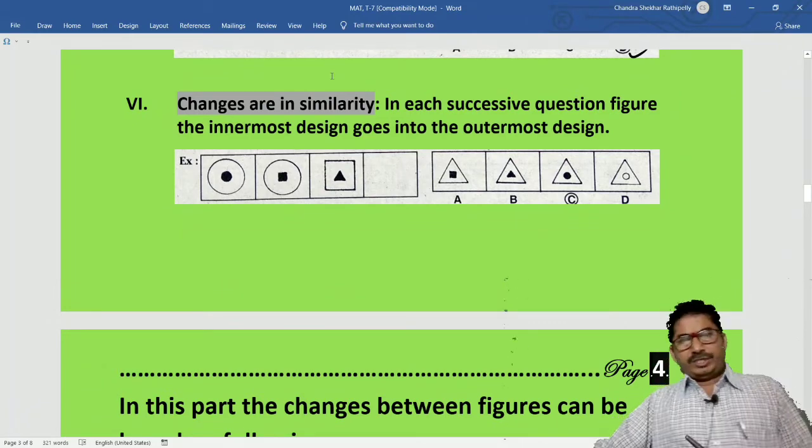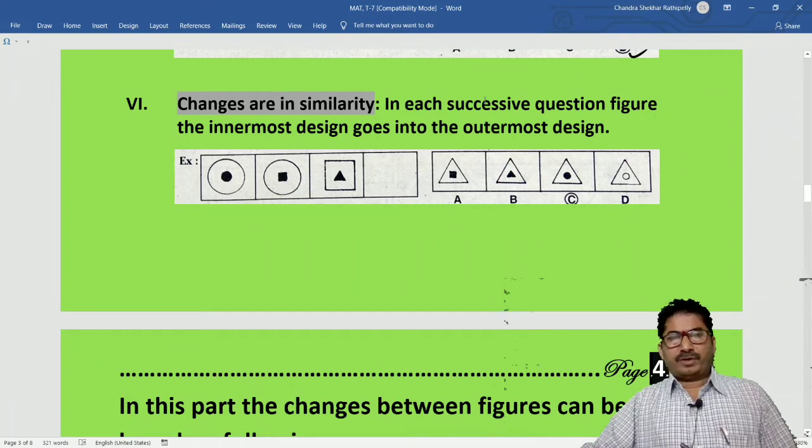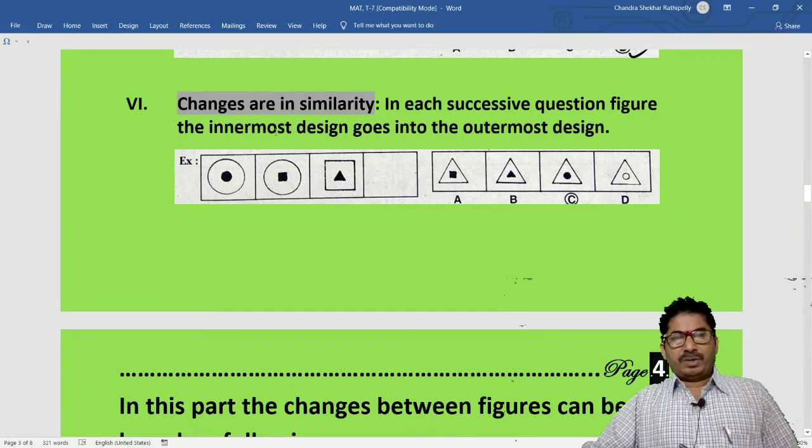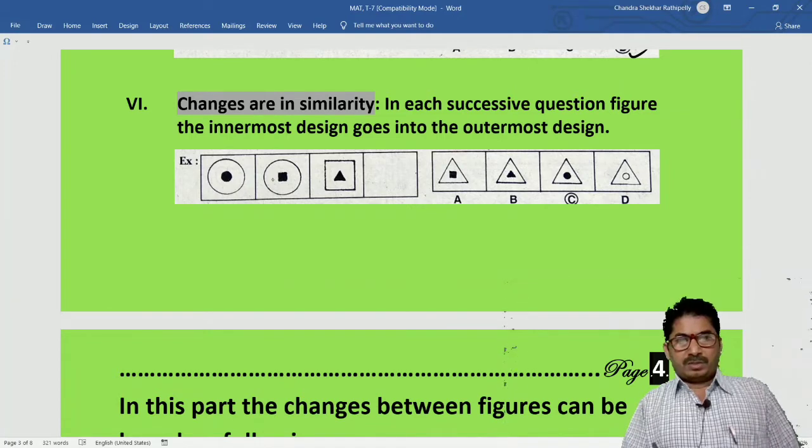Sixth one, changes are in similarity. In each successive question figure, the innermost design goes into the outermost design. Successive question means the innermost design goes into the outermost design.